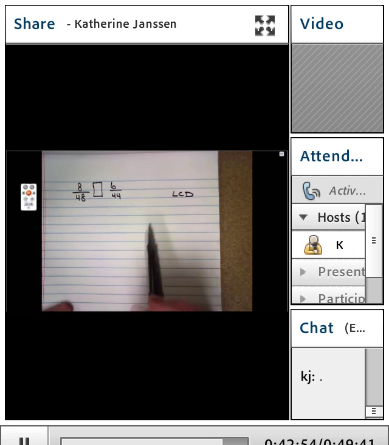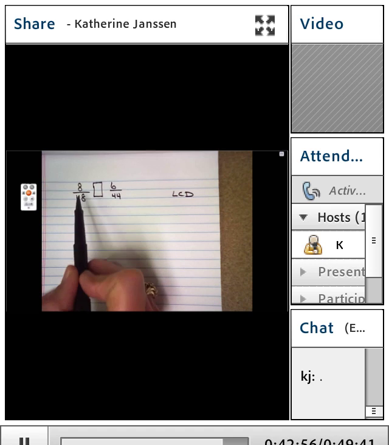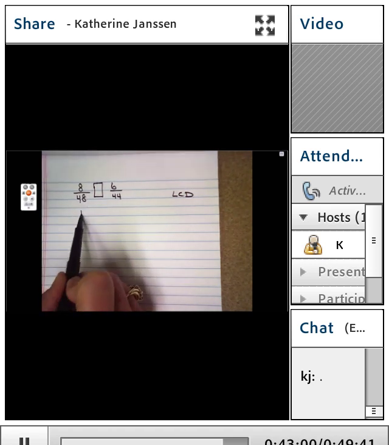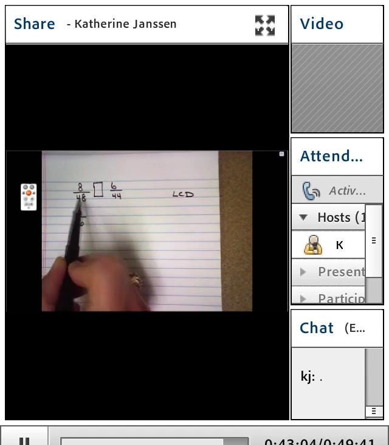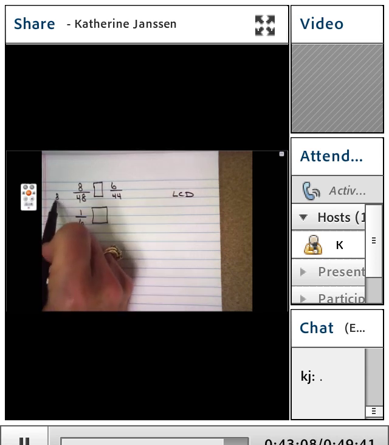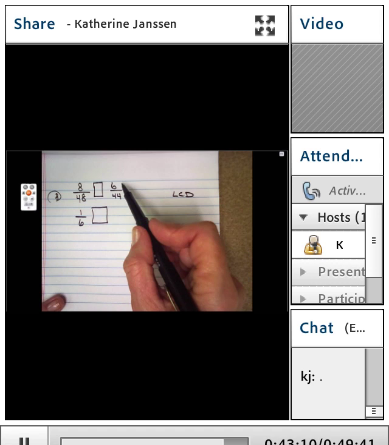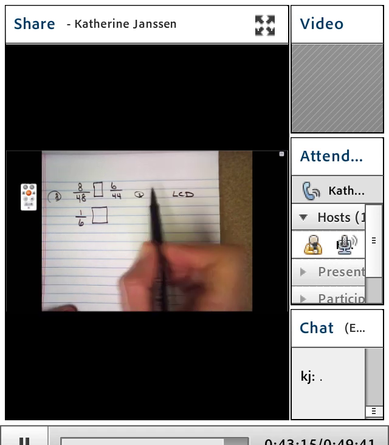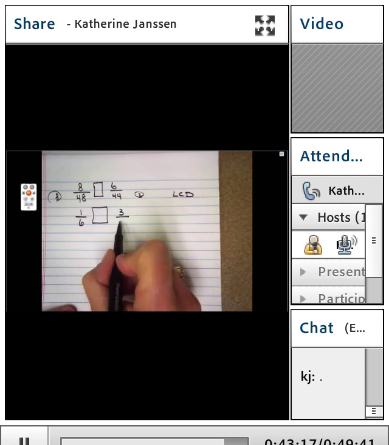Now I can simplify this. I see that 8 goes into 48. 8 goes into itself once, and 8 goes into 48 6 times. Put 8 over here. And this is even, so at least 2 goes into that. So let's put a 2 over here. 2 goes into 6 3 times, and 2 goes into 44 22 times.